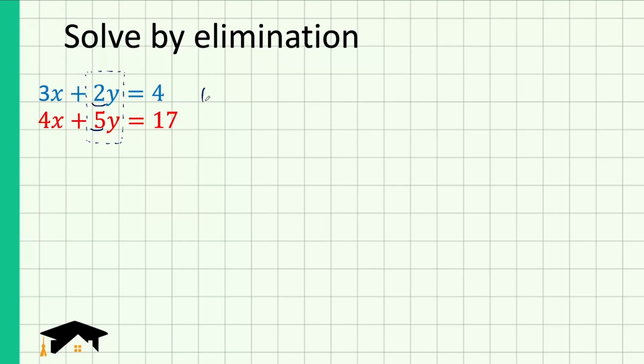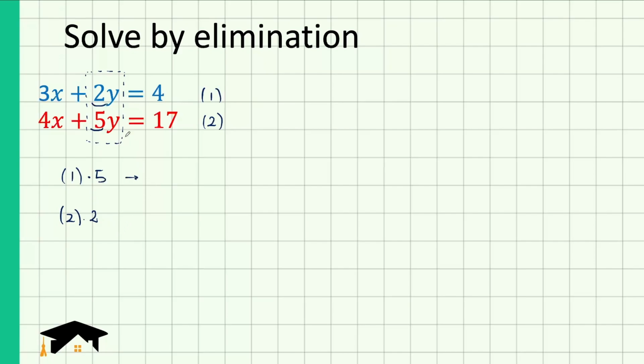Well, let's first give these two equations some names. And now we will multiply equation 1 times 5, the coefficient in the second equation, and equation 2 by the coefficient in the first one, in this case, times 2.